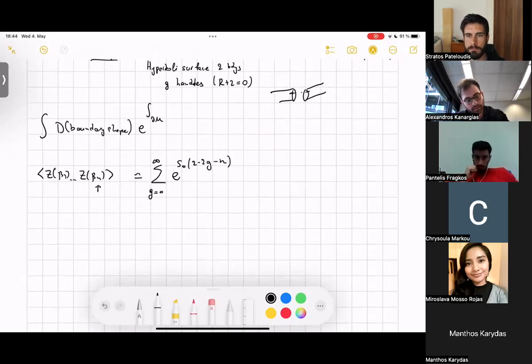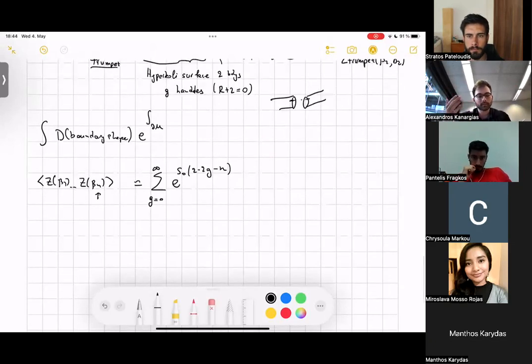For fixed n, I fix n to be whatever, and then I sum over the possible genus, or genera, for this fixed number of boundaries.